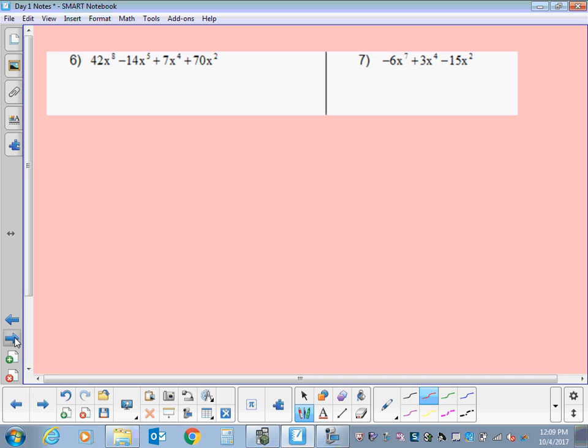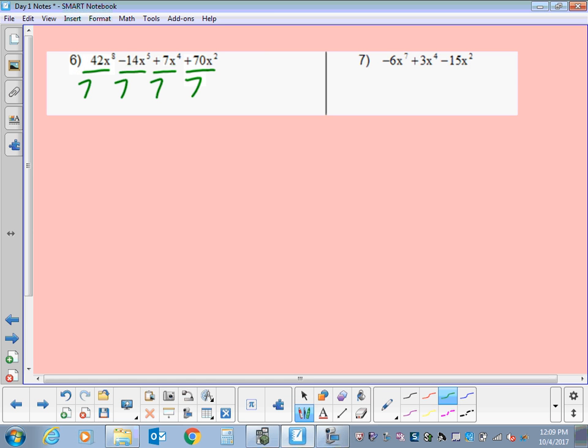But let's look at number 6. Look at my numbers. I have 4 numbers: 42, 14, 7, and 70. What's my GCF? Rule of thumb is look at your smallest number. 7. Does 7 go into all these numbers evenly? Yep. So that's going to be my GCF.